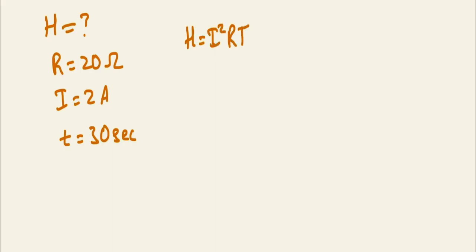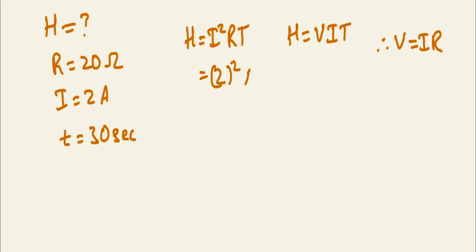If you know Ohm's law, we can also write this formula as H is equals to VIT, where V is equals to IR. So when we solve this, I is 2 ampere, so 2 square into R is equals to 20, and then time t is 30.